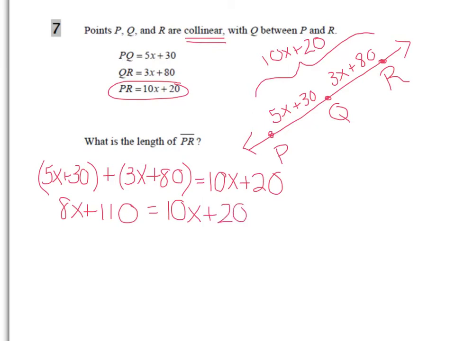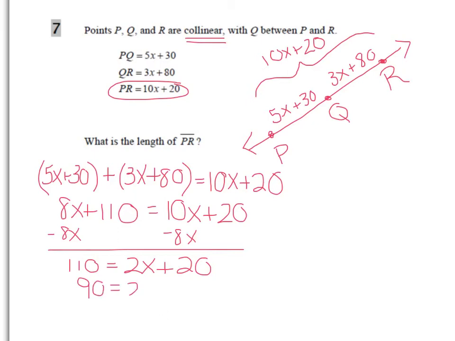Now I'm going to solve this equation by subtracting 8x on both sides. You might solve it differently. 110 equals 2x plus 20. I'm going to subtract 20 on both sides and get 90 equals 2x. And that's going to give me, by dividing by 2, x equals 45.